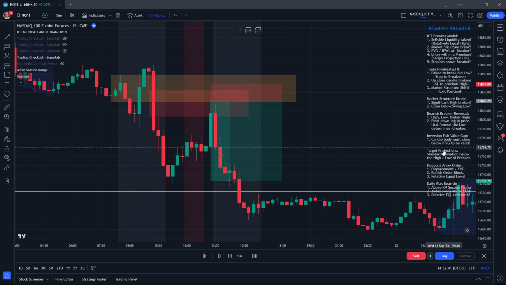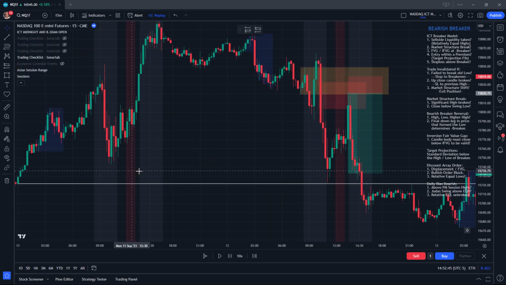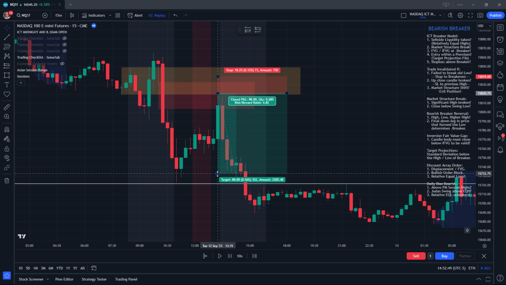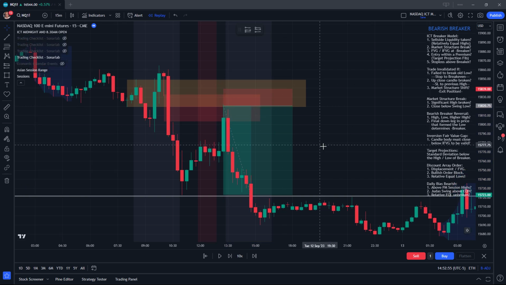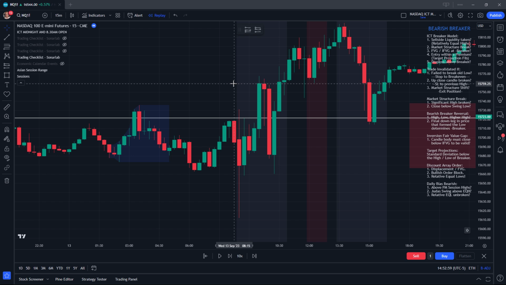And then it's going to seek out relatively equal lows, and we have lows here. So we could be a little bit ambitious and just say, okay, we're going to aim for that discount array. Okay, so let's move on to the next day. I'm going to try and keep the pace going.